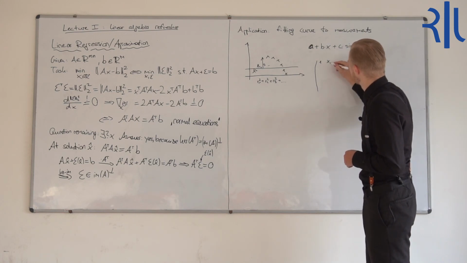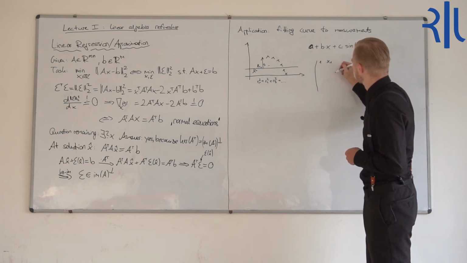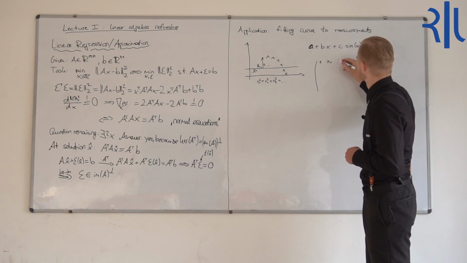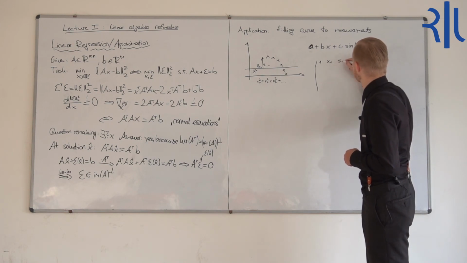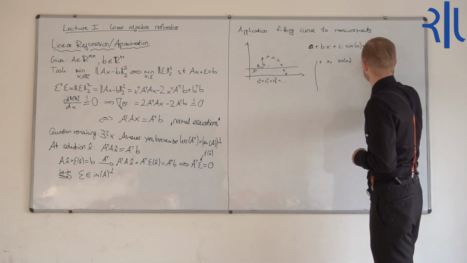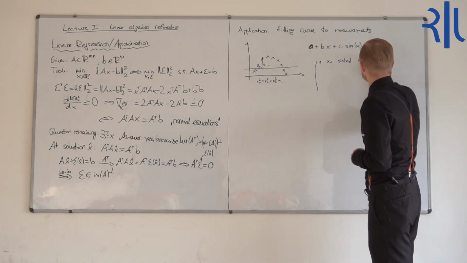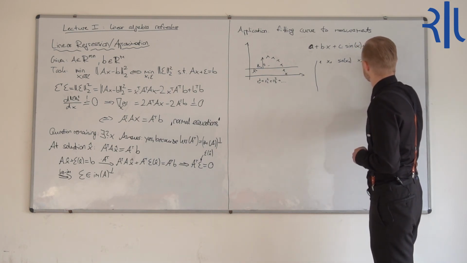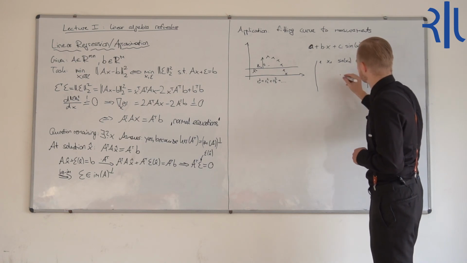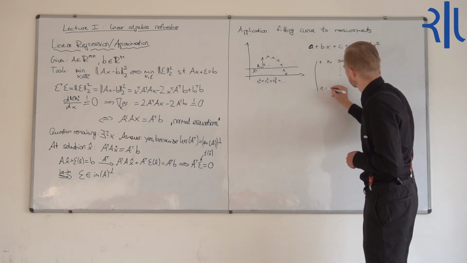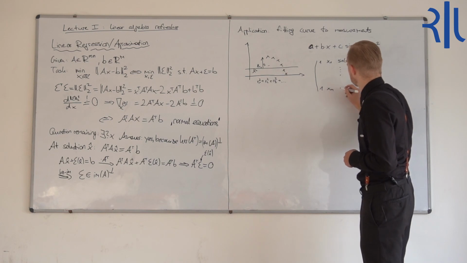For B, we would take our first x value. For C, we would take the sine of our first x value. And for D, x1 squared, sorry.